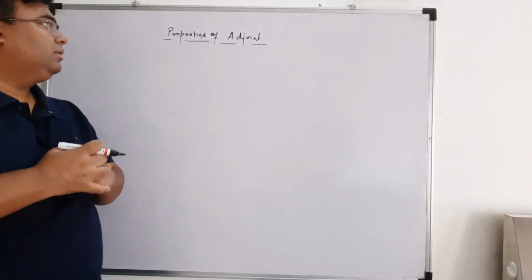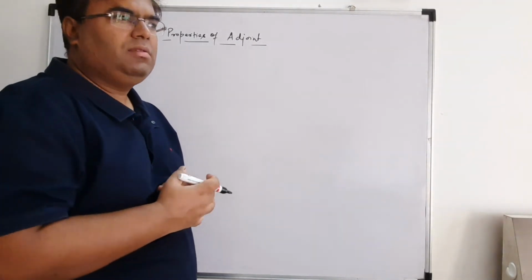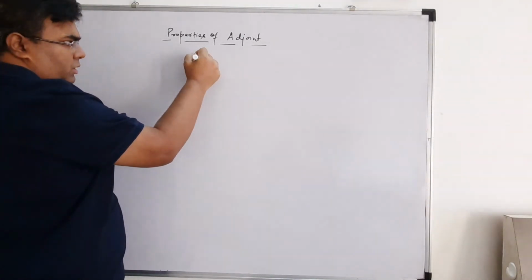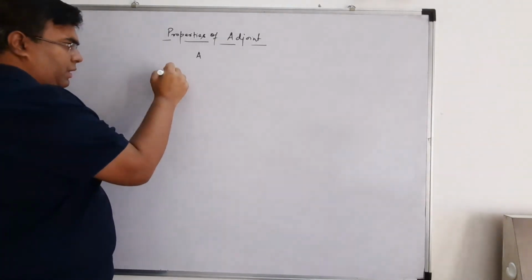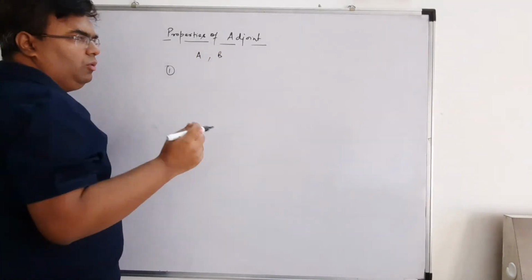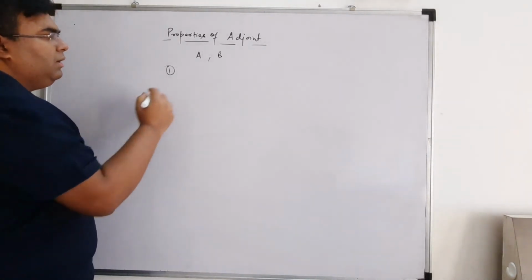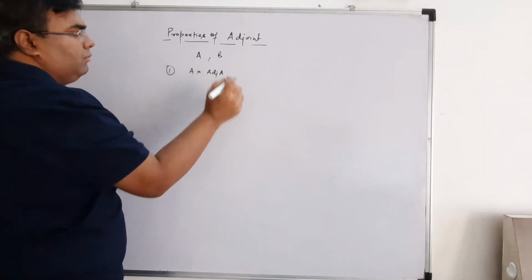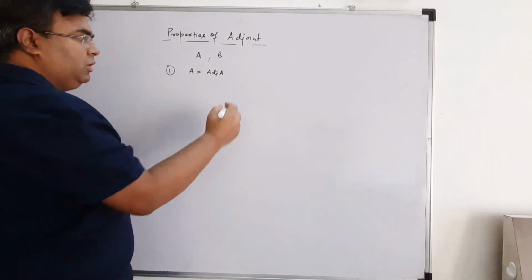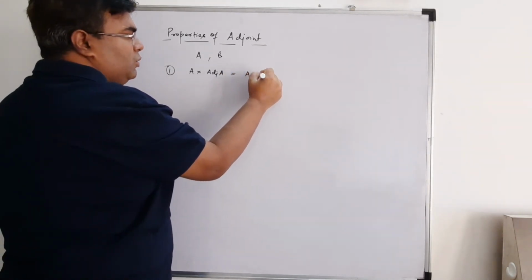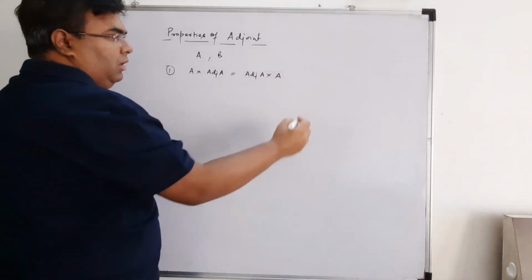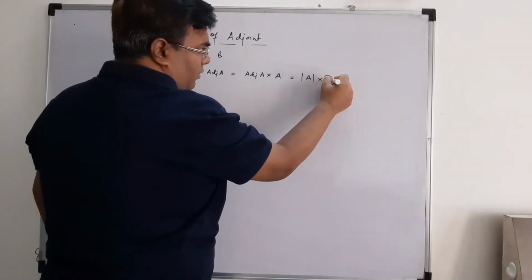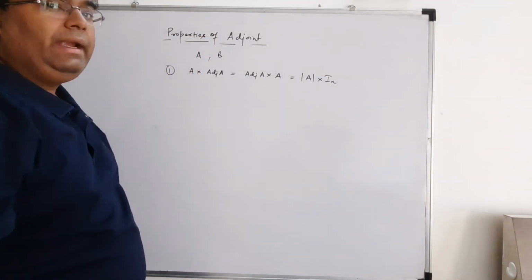Okay, let us understand the properties of adjoint. We have some properties. Suppose A is my matrix. Let us take A and B as two matrices. The first property is that if you multiply A by adjoint A, or just write it in reverse, adjoint A multiplied by A, you will get mod A multiplied by the identity matrix.